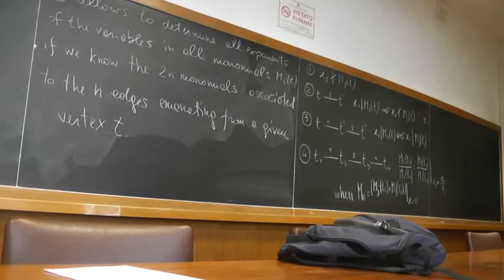So, assuming you have this edge labeled by j at distance k plus 1, attached to this edge there is an edge at distance k.